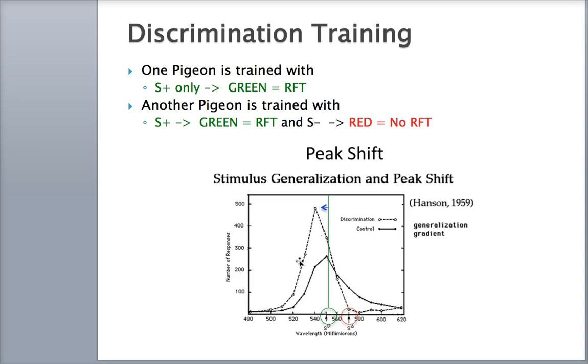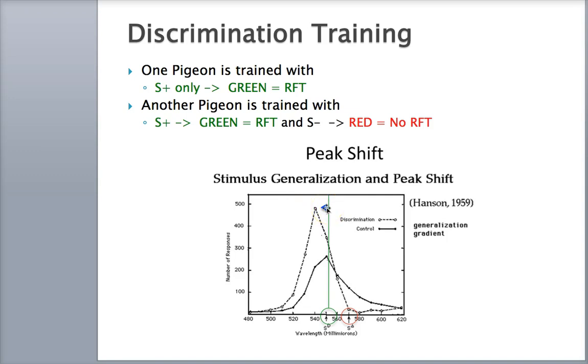What we're really looking at is the shape of the curve, and both of them, regardless of whether it's low or high, should have their peak above the S plus or the SD. But because of training with the S minus, we see that the peak in the discrimination training group has shifted.